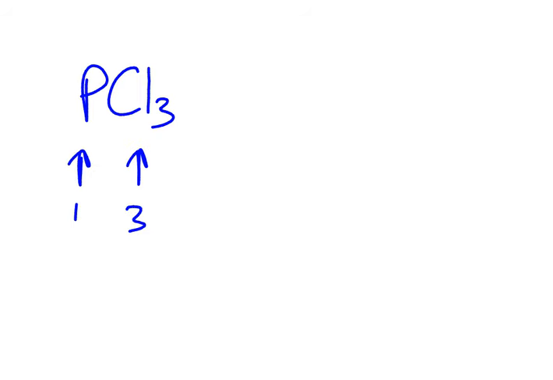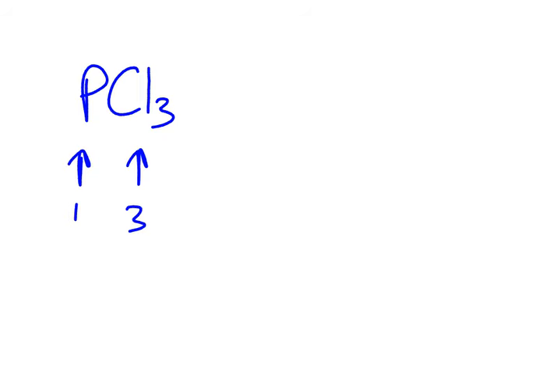Okay, so the first thing we're going to do is some review. If I was to take two compounds, I'm going to pick one. This is going to be PCl3, phosphorus trichloride. This is held together covalently. It consists of one phosphorus and 3 chlorine atoms.